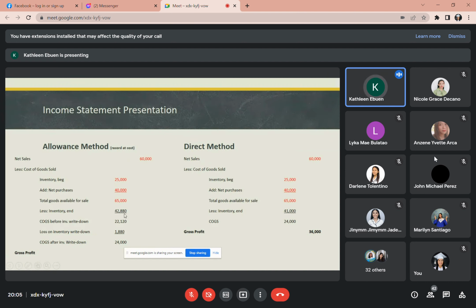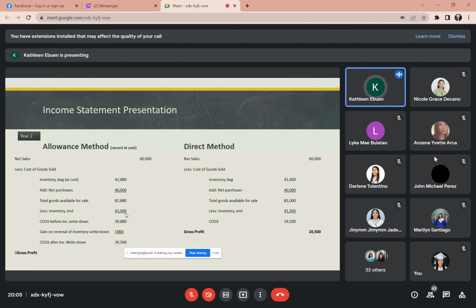So, sa year 2, yun po yung i-reflect natin na beginning inventory. Then, we will add the net purchases, assume amount of 40,000. Therefore, we have a total goods available for sale of 82,880. And ibabawas natin yung ending inventory at cost pa din.